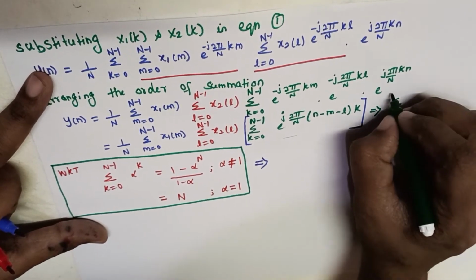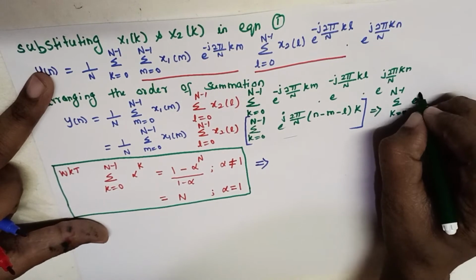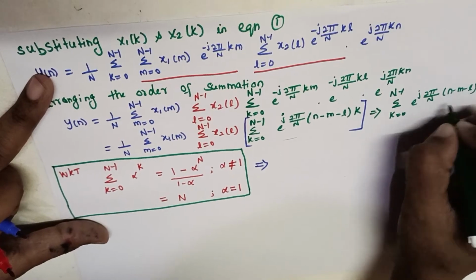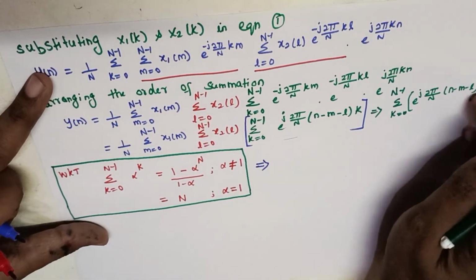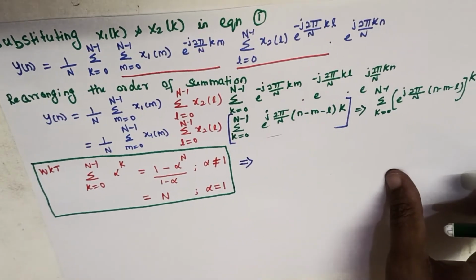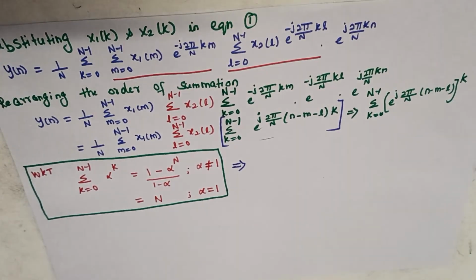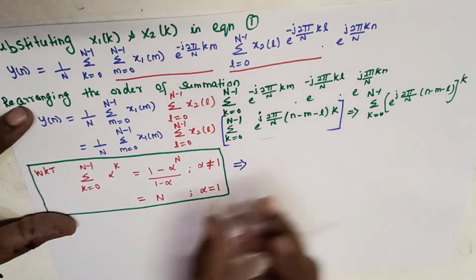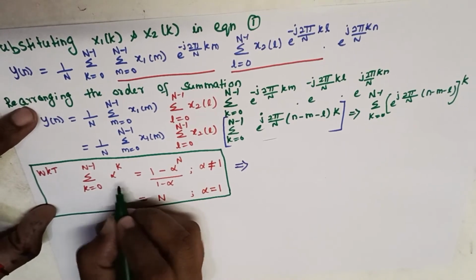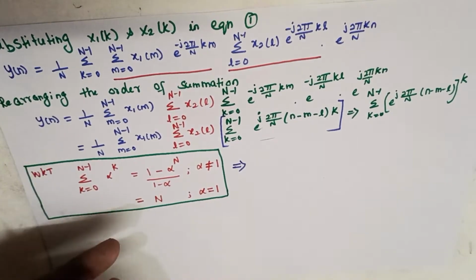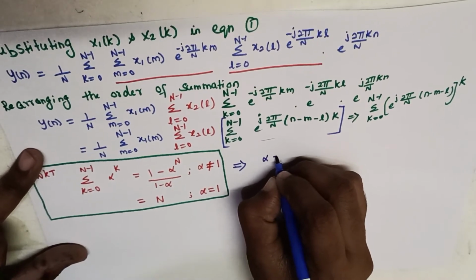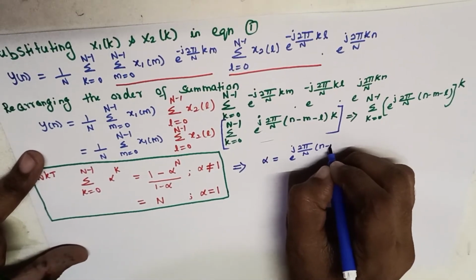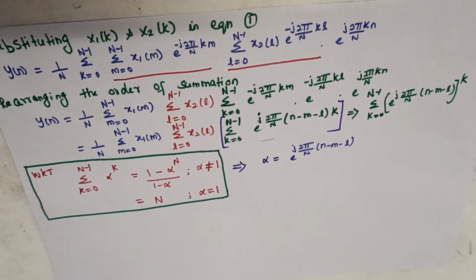Summation k is equal to 0 to n minus 1 e power j 2 pi by n into n minus m minus l, the whole power k. Both are one and the same. Okay. By considering this, if we compare this equation and this equation, in the place of alpha we have this e power term. So we can write alpha is equal to e power j 2 pi by n into n minus m minus l. This is the value of alpha.